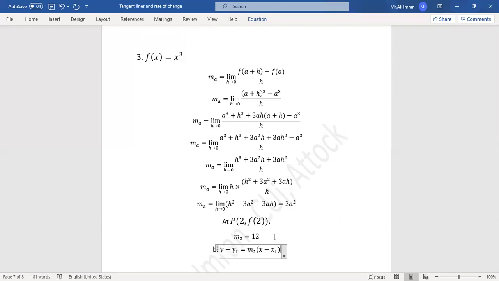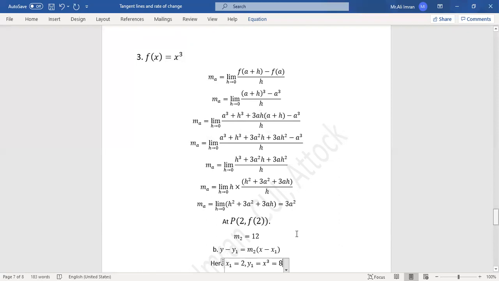Here value of x1 is equal to 2, and we have to find the value of y1. x1 is equal to 2 and y1 will be equal to x cube, which is x1 cube, 2 cube will be equal to 8.